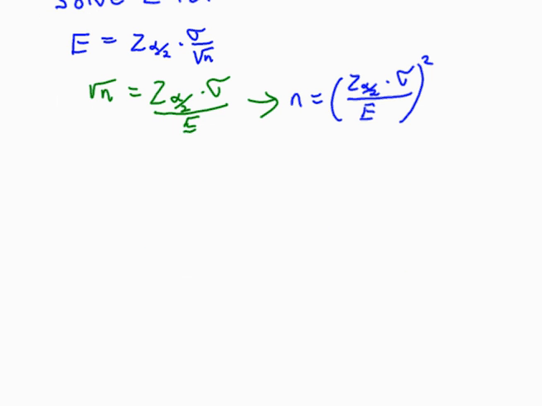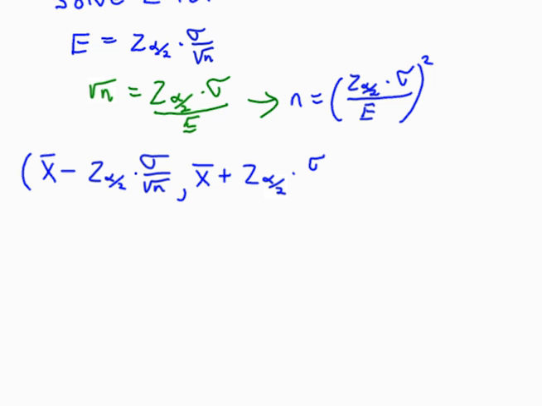So to highlight all of our formulas: x bar minus z alpha over 2 times sigma over square root of n, to x bar plus z alpha over 2 times sigma over square root of n. Those are our three main formulas here in blue.